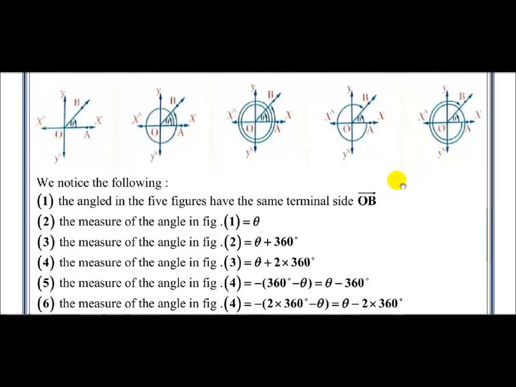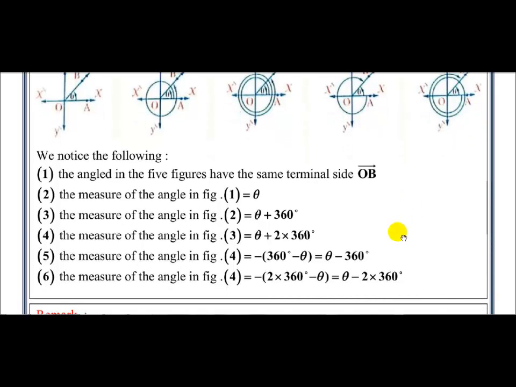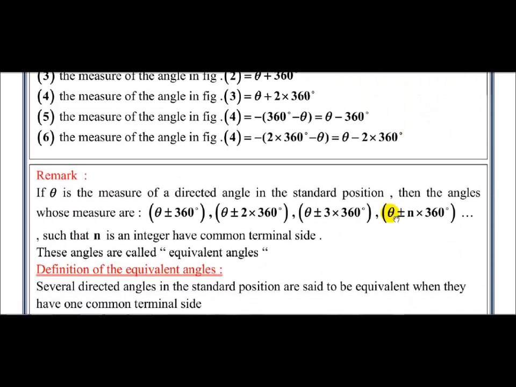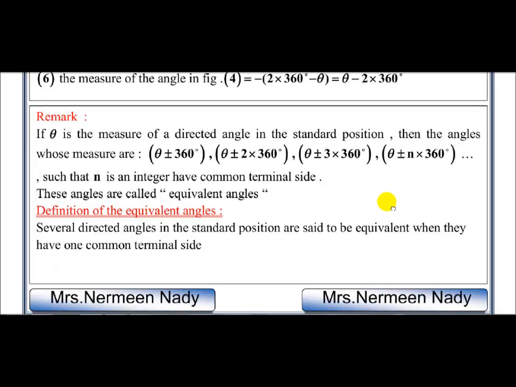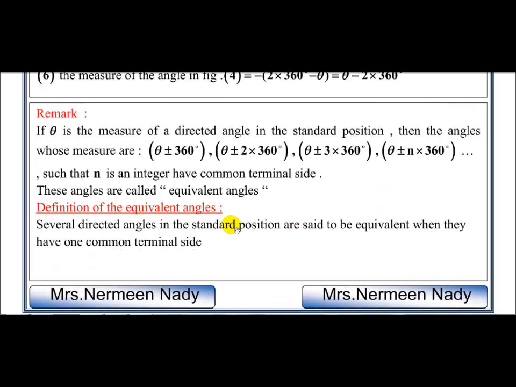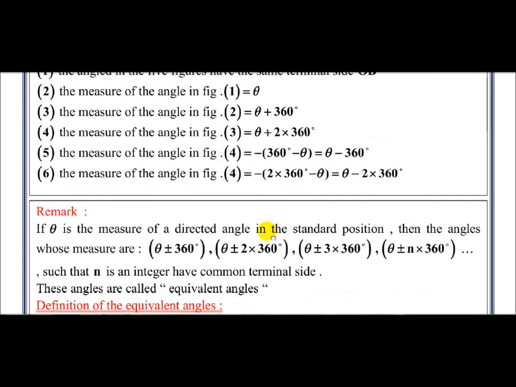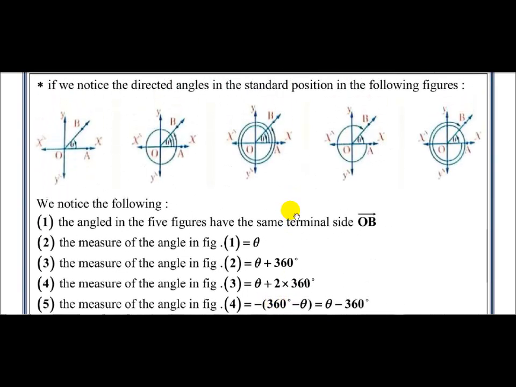Then what do we notice? We notice that directed angles in the standard position are said to be equivalent when they have one common terminal side. This is the same terminal side for all.